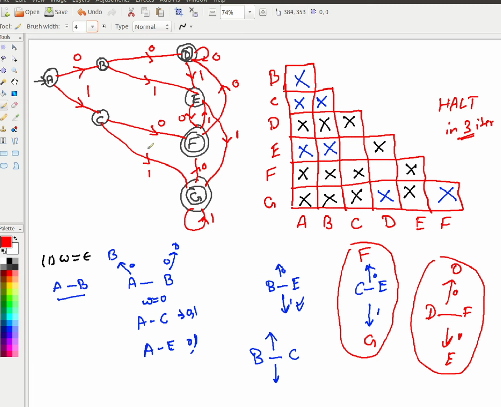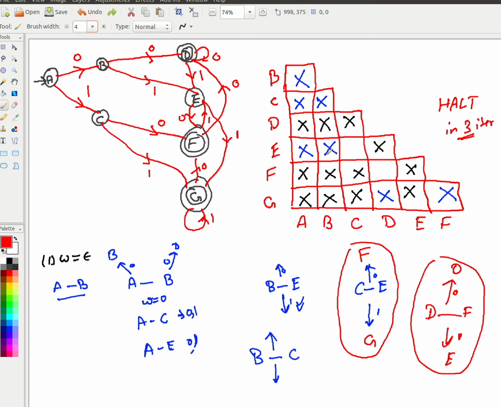So what does it mean? That we have found distinguishable states, and because for these two we were not able to comment, we halted the algorithm. So what should I say about these two? Are they equivalent or not? Yes, certainly. But how can you be certain? We can be certain if and only if we prove that this algorithm finds all distinguishable pairs. It doesn't miss any distinguishable pair.